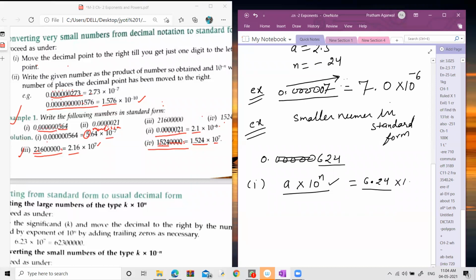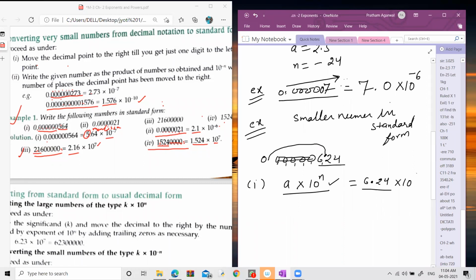Now it's time to write the power of 10. How can you write the power of 10? It depends upon moving the decimal places. The decimal is here and you need to bring it just after the 6. So how many steps do you move? 1, 2, 3, 4, 5, 6. The decimal moves 6 steps.